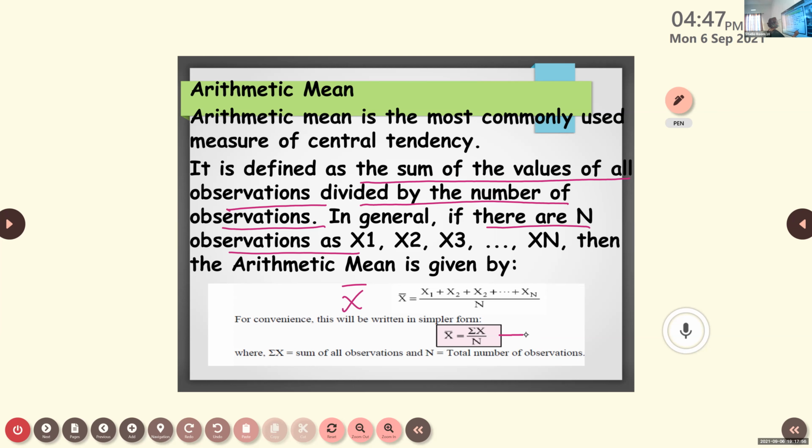To put it in the simpler form, x bar or mean is equal to sigma x divided by n. Sigma x in the sense sum of x divided by n, you will be getting arithmetic mean. So this is a method to find arithmetic mean.